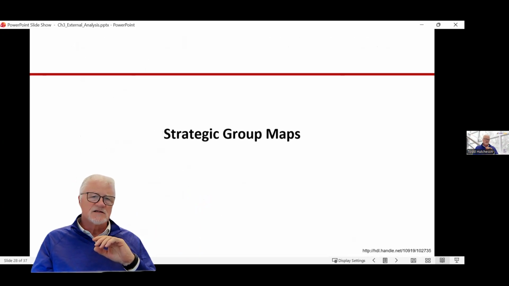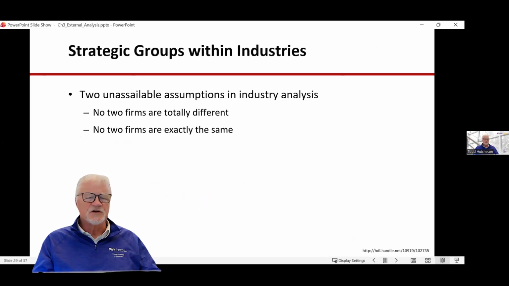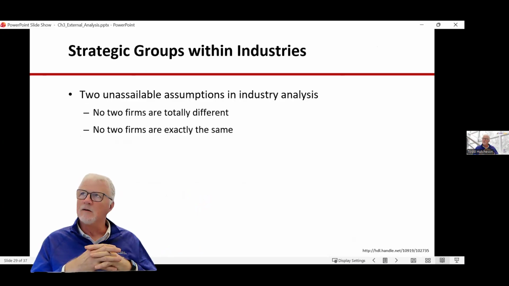Another way to look at this is to think about a tool called a strategic group map. For strategic groups inside an industry, two assumptions get made: no two firms are totally different, and no two firms are exactly the same. So there are strategic groups within an industry. Let's talk about athletic shoes.